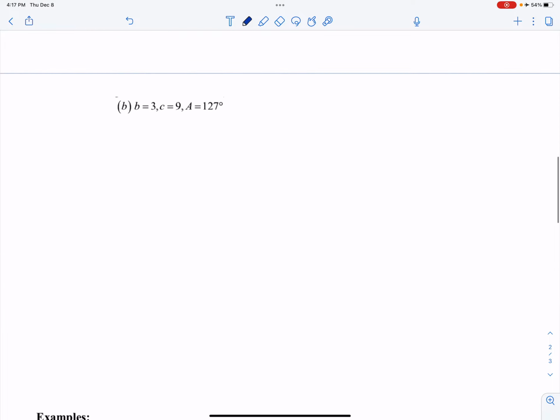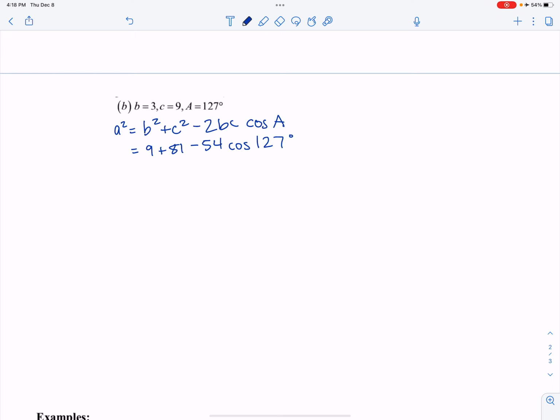Here we have b is 3, c is 9, and the angle A is 127 degrees. So let's use a squared because we don't have a. A squared equals b squared plus c squared minus 2bc cosine of A. This gives us 9 plus 81 minus 54 cosine of 127.